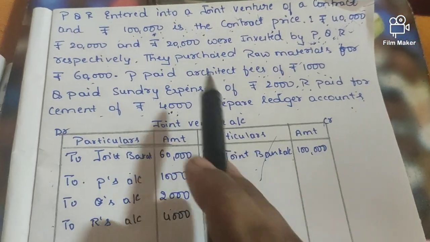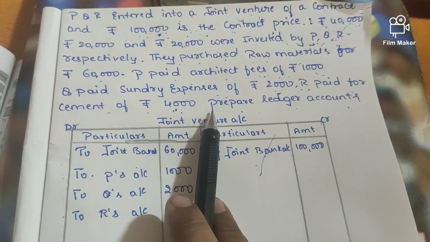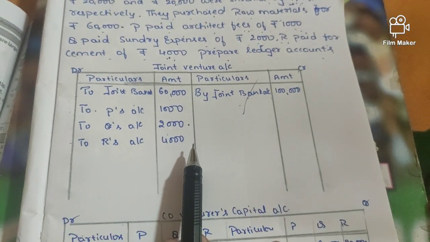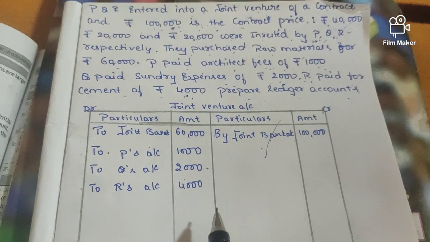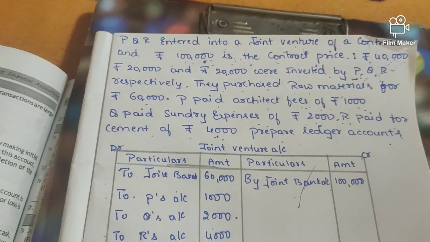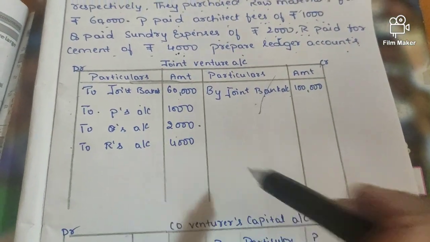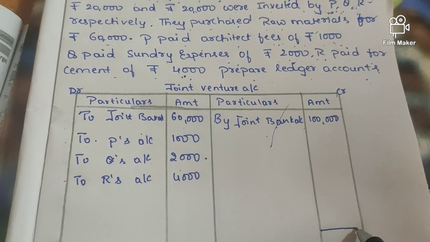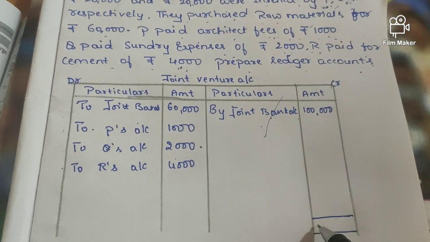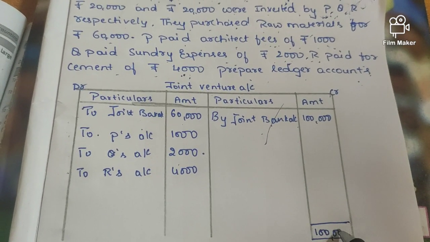Got the point? So we have entered all the entries. Now we have prepared the joint venture. Now we will total the joint venture, which side is more. By seeing the numbers only we can say here the credit side is more. That is, on the credit side we have rupees 1 lakh.